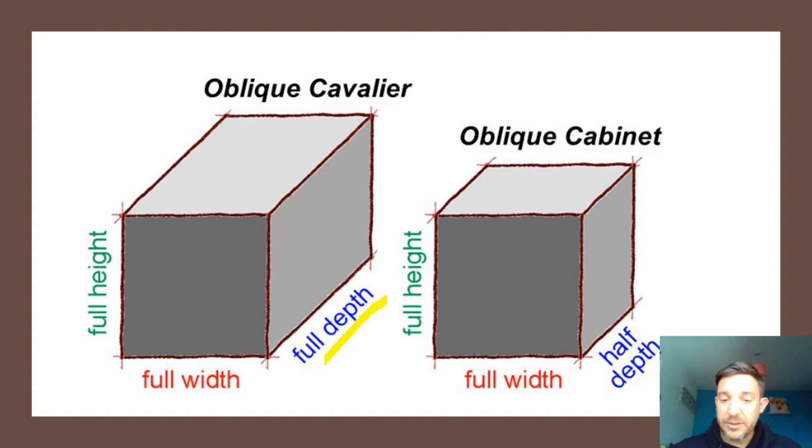Oblique Cabinet, you have to remember to half the depth. So if I want this to be 20, I draw it at 10. That looks more like a cube than this one. Now you're still going to get some issues if you start putting in complex bits and pieces up here.